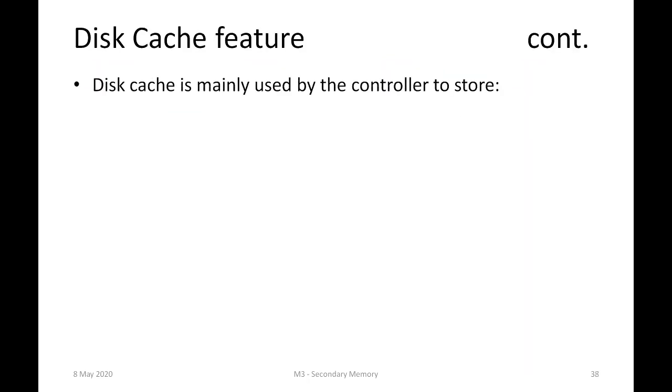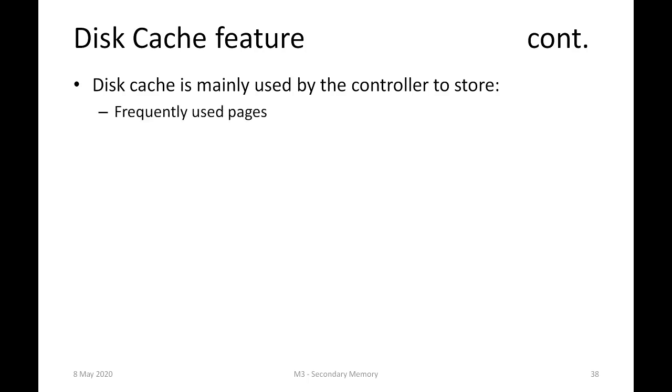The disk cache is used by the controller to direct all the requests from the host. Whenever there is a request from the host processor for some data, the controller will first check the disk cache, and if it's a miss, then the request is directed to the flash memory cells.